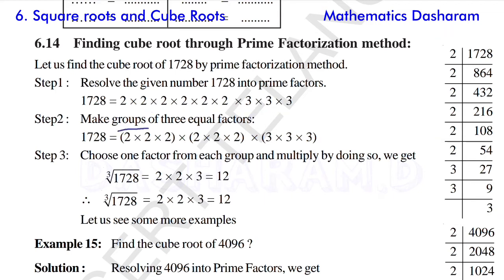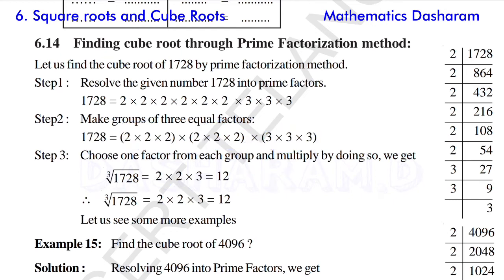Next, make groups of 3 equal factors. So 2 into 2 into 2 is one group, 2 into 2 into 2 is the second group, 3 into 3 into 3 is the third group. Choose one factor from each group and multiply. By doing so, we get cube root of 1728 equals one number from each group. So multiply 2 into 2, 4, 4 into 3 is 12. So the cube root of 1728 is 12.